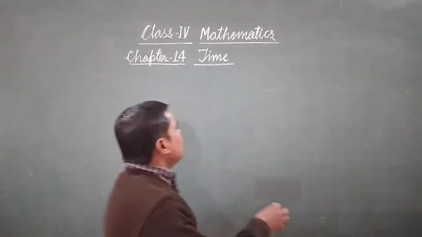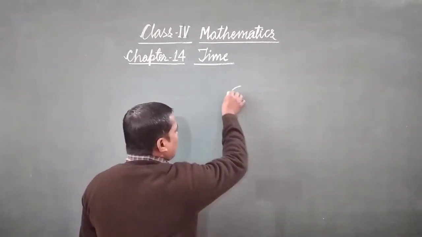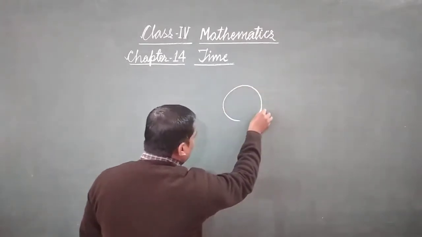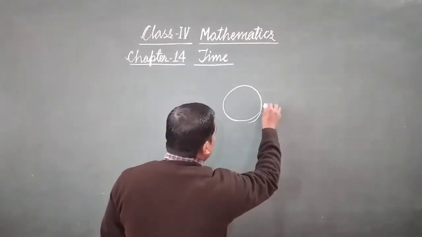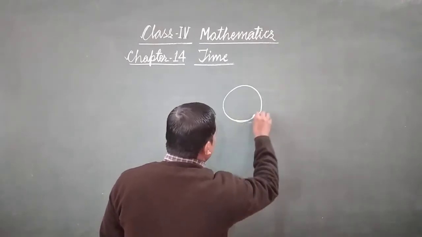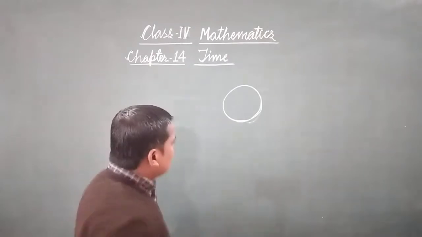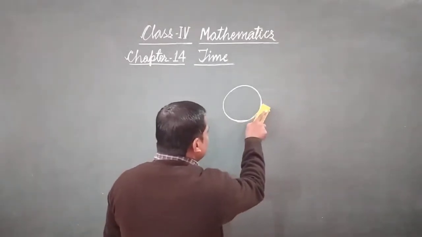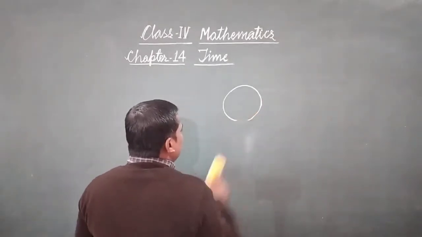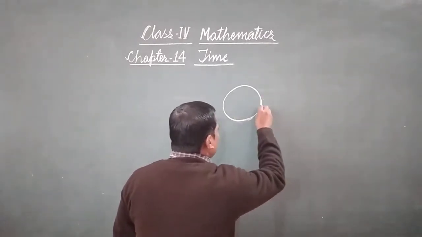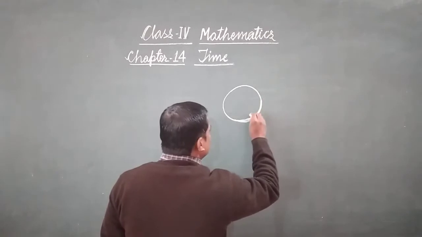Means here you have seen the clock. Suppose it is the face of the clock. Then on this you have seen the numbers; clocks you have seen have different shapes and different faces.